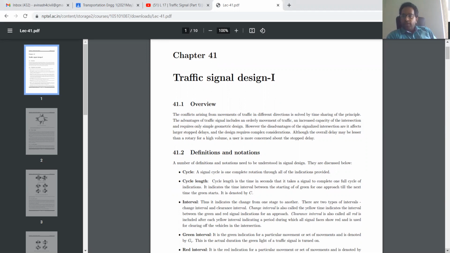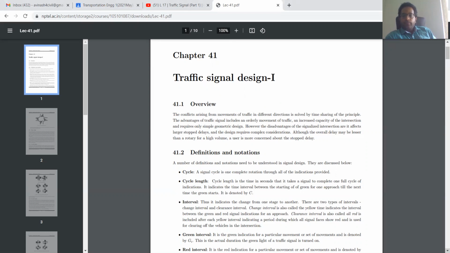So in case of a traffic signal, you know that there are three different indications: a green indication, a yellow or amber indication, and a red indication. These are the three indications: green, amber, and red. One complete rotation through all these three indications, you call it as the cycle.